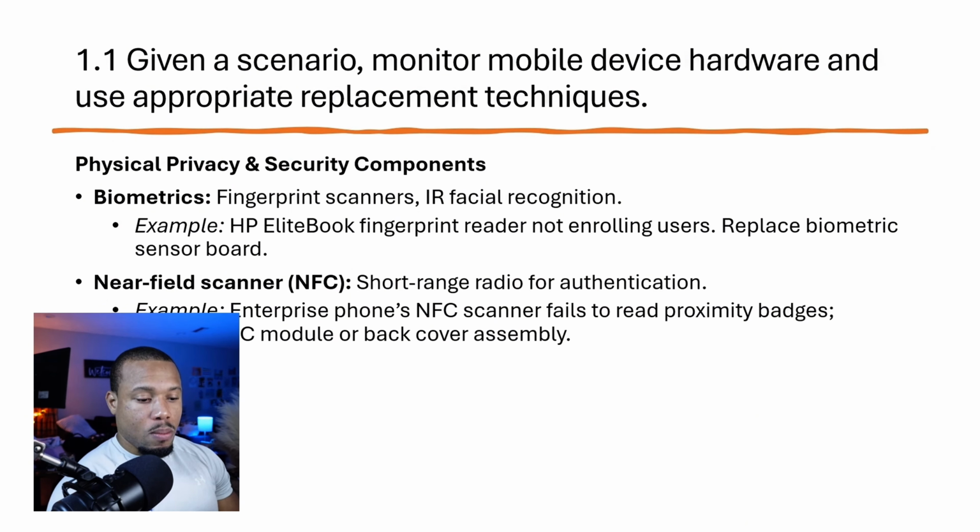When the NFC scanner malfunctions, the hardware solution is to replace the NFC module, or in some cases, the back cover assembly. The key point is that biometrics ensure secure user authentication, while NFC enables short-range radio communication for access and payments. And both typically require hardware replacement when they stop working.